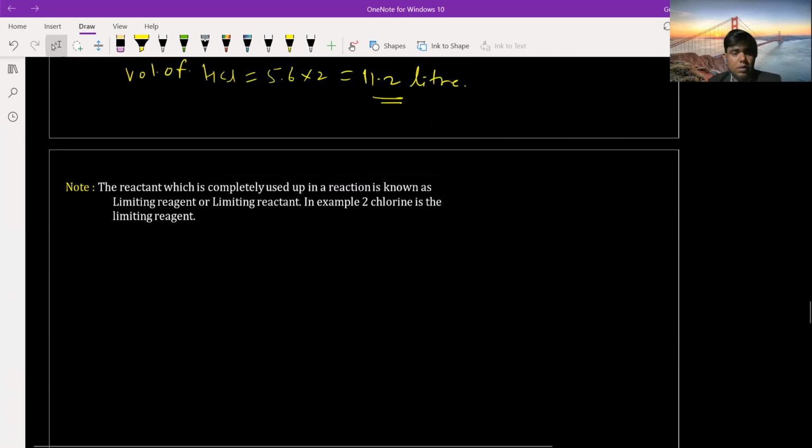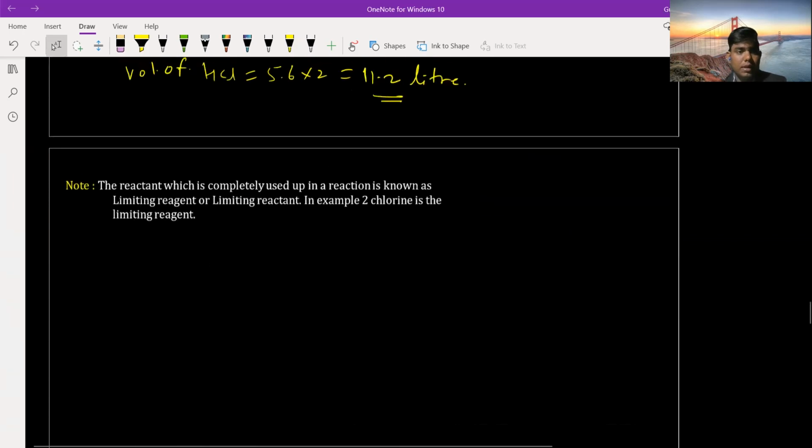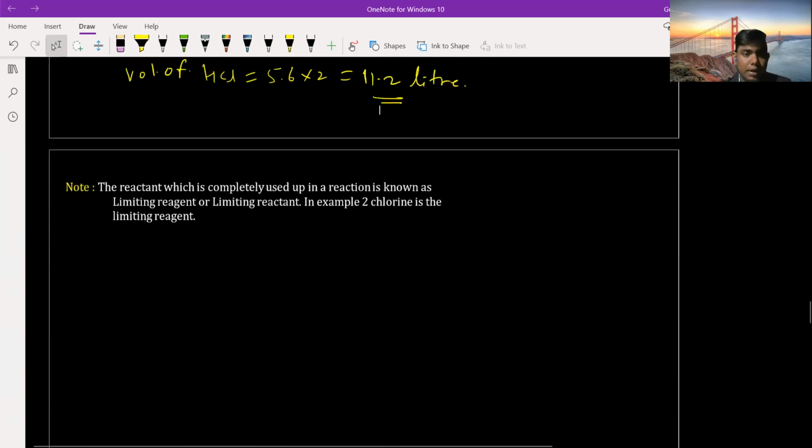Here is a very important note that the reactant which will be completely used up in the reaction is known as the limiting reagent, or limiting reactant.